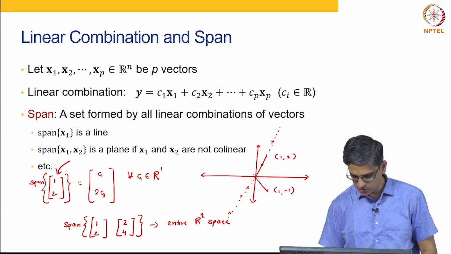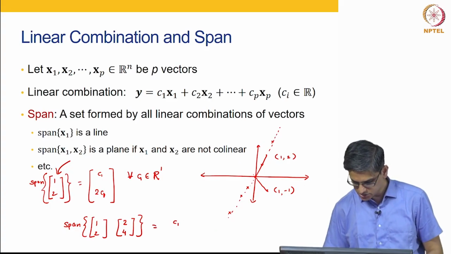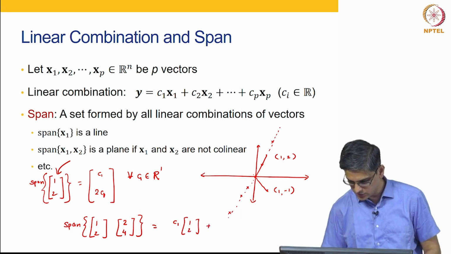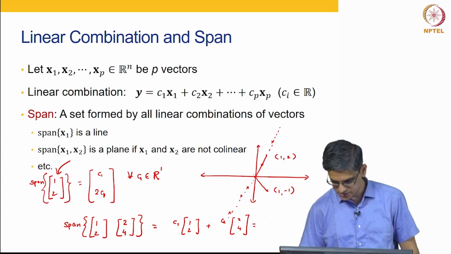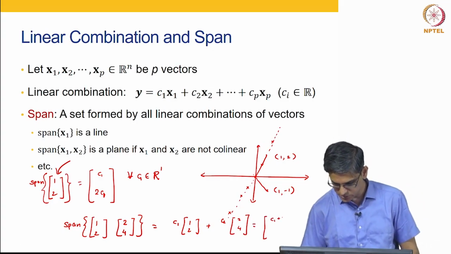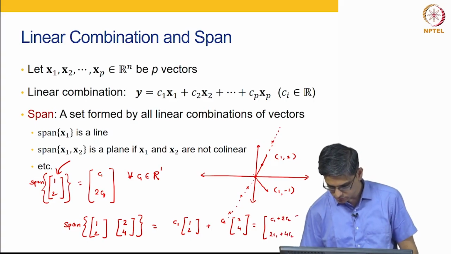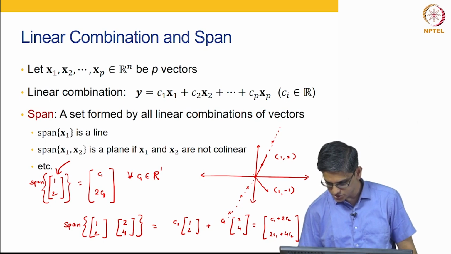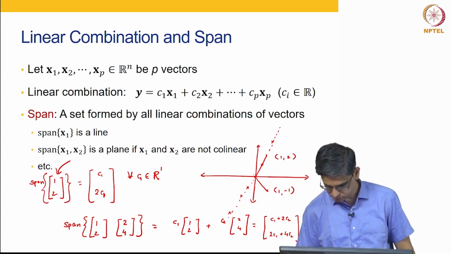Why? Because span of 1, 2, 2, 4 is going to be equal to C1 times 1 2 plus C2 times 2 4, which is equal to C1 plus 2 C2, 2 C1 plus 4 C2, which is equal to C1 plus 2 C2 multiplied by 1 and C1 plus 2 C2 multiplied by 2.